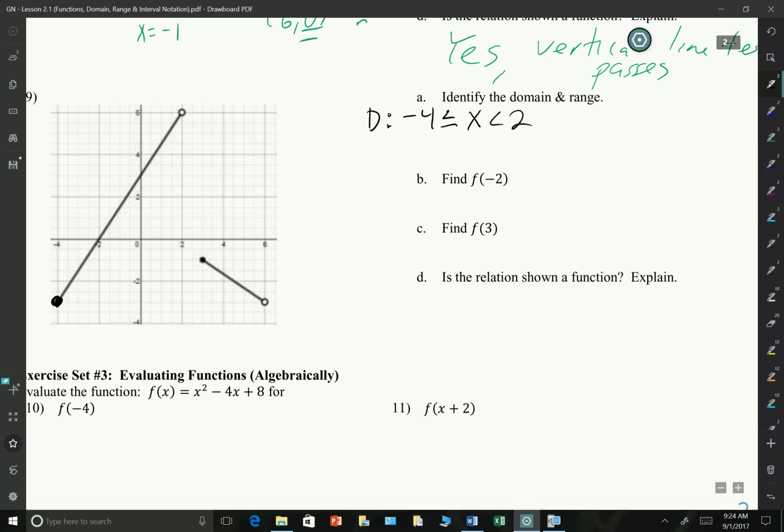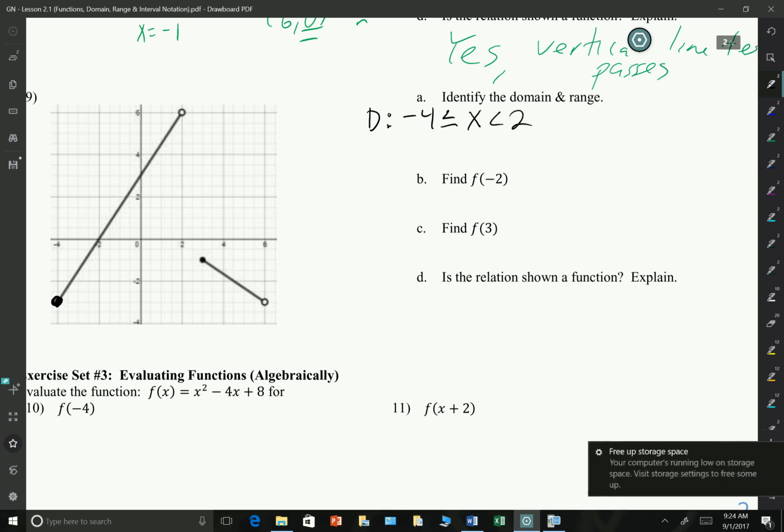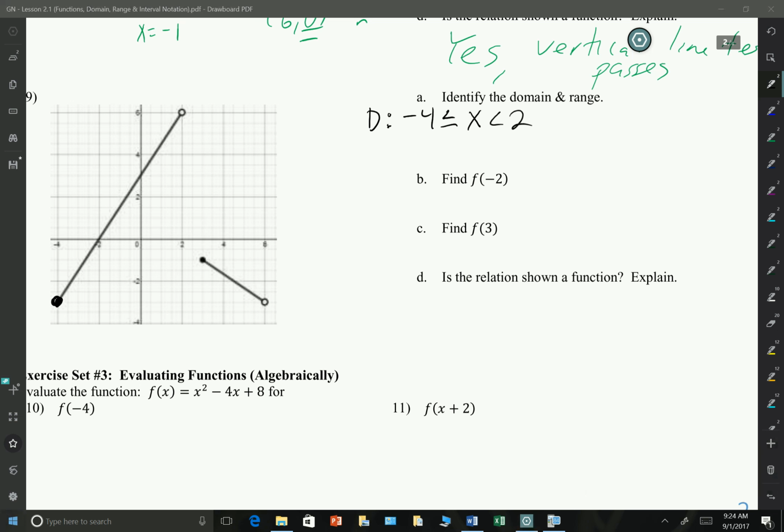What happens if I go to the right of 2 just a little bit? Let's say 3. Well, not 3. Let's go 2.5. Right here, 2.5. What's it touching? The vertical line, your pencil. What is it touching at 2.5? No, not 2.5. Nothing. It is no part of the graph, correct?